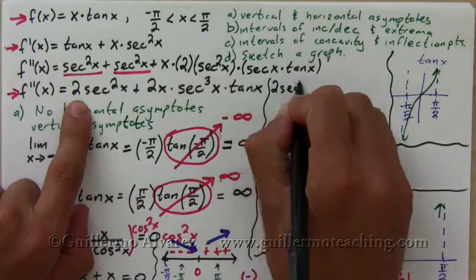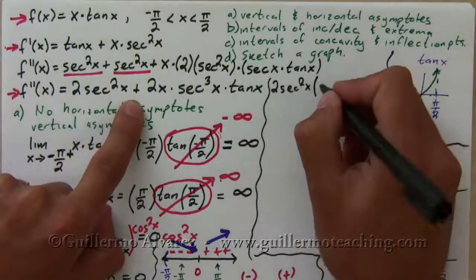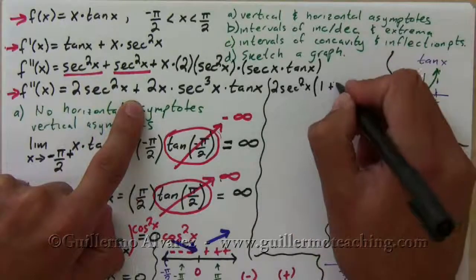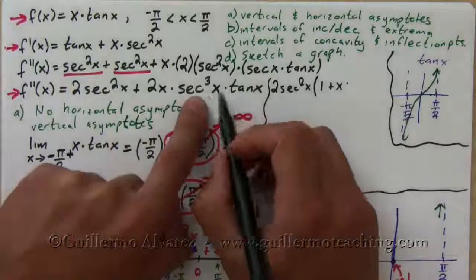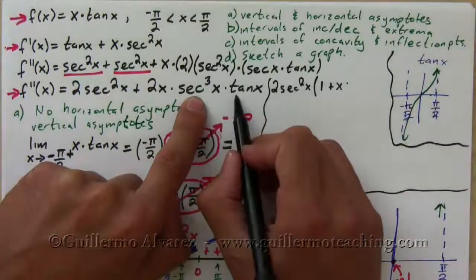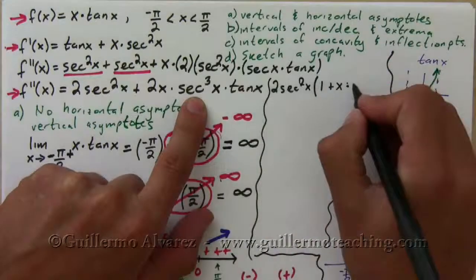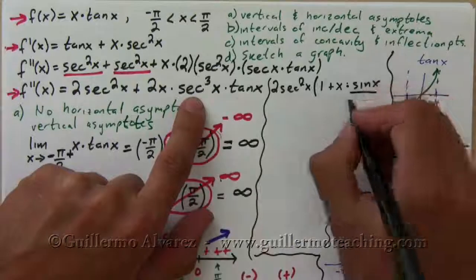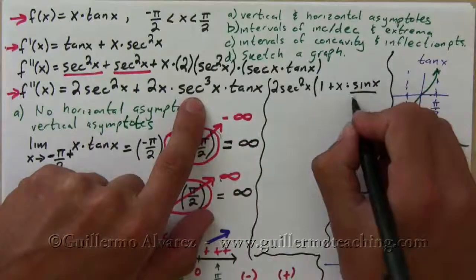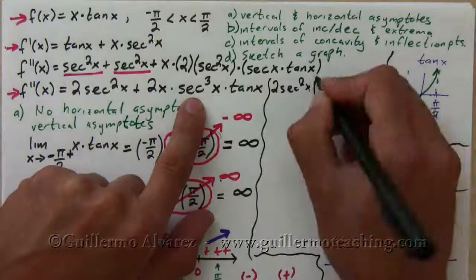This is 2 secant squared x, and then what I'm going to get is 1 plus x, and then the remaining secant x tangent x, I'm going to just write as sines and cosines. So tangent is sine x over cosine, and secant is 1 over cosine, and with the cosine from the tangent, I'm going to get cosine squared x.